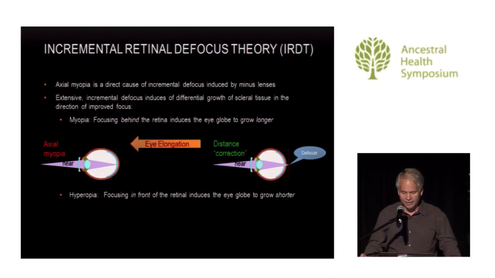It's actually quite interesting. It's been experimentally demonstrated. So these neuromodulators increase the elasticity of the scleral tissue and allow the eye to elongate. The same process, by the way, can happen in hyperopia, where you're focusing in the other direction, and you can cause the eye to become shorter.